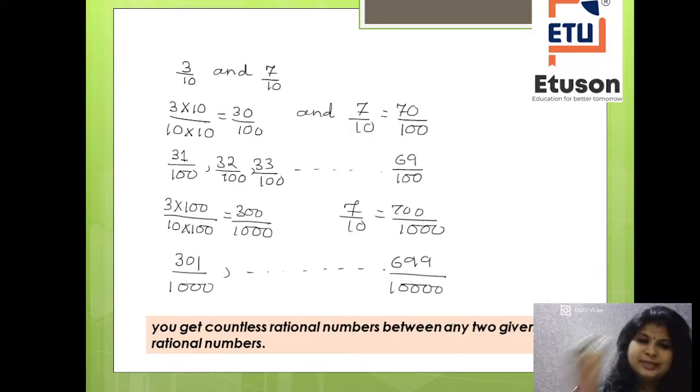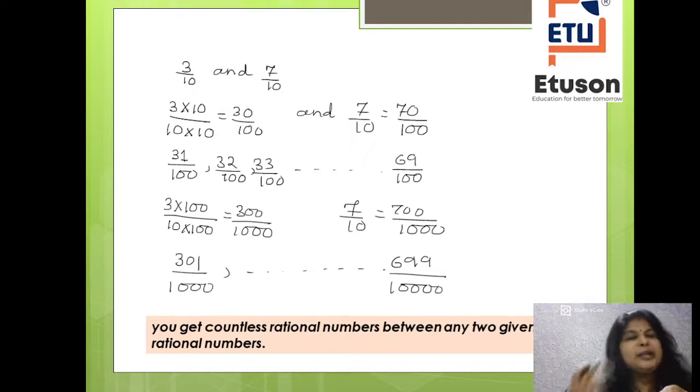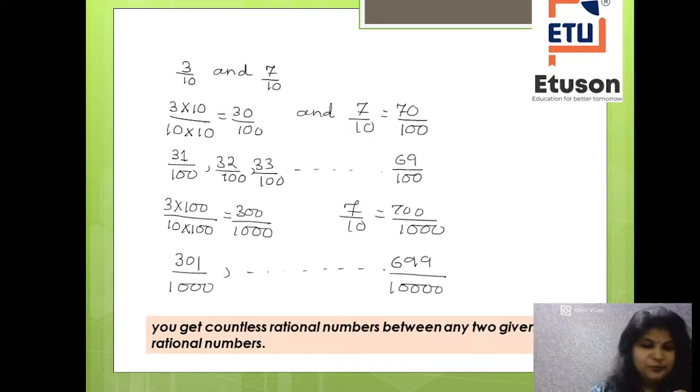Just by this illustration, you might have understood how you can get an indefinite number of rational numbers in between two rational numbers. Correct or not? Okay. So now let us solve some more problems.